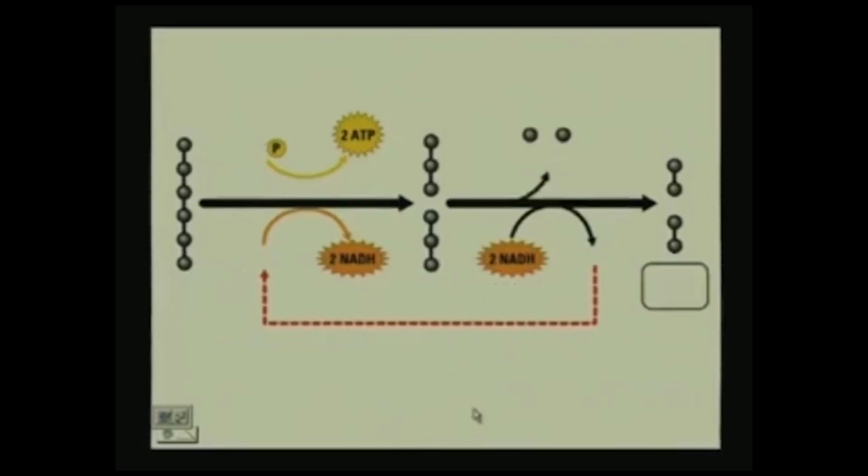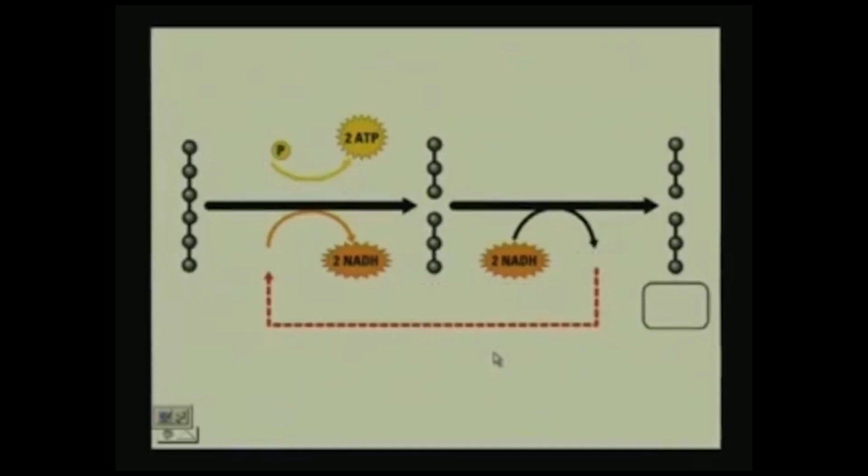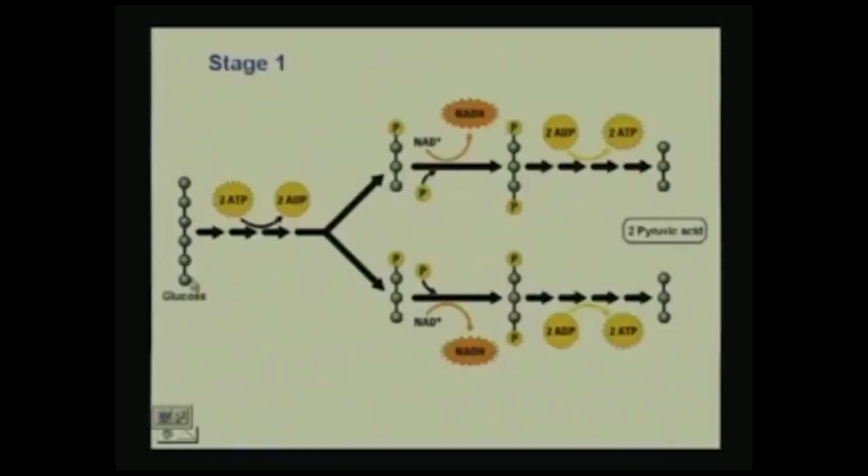We also have alcohol formation that happens in yeast, right? In alcoholic fermentation, we have to look at the fate of pyruvic acid. Okay, so what is happening? Say in this case, glucose is forming pyruvic acid. Now the pyruvic acid can get into forming acetyl CoA, that is going to be part of the tricarboxylic acid cycle.